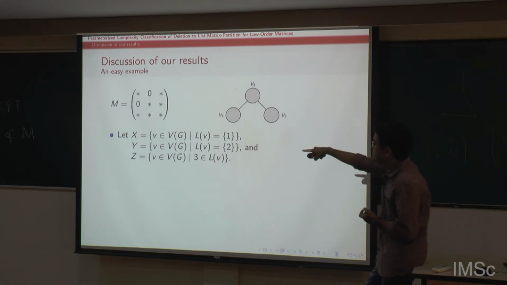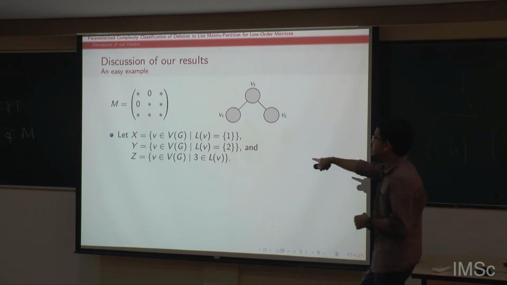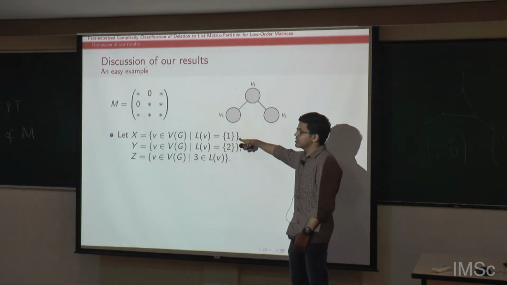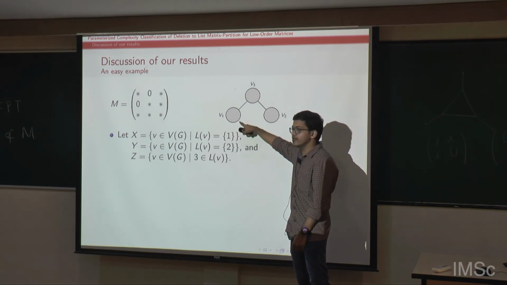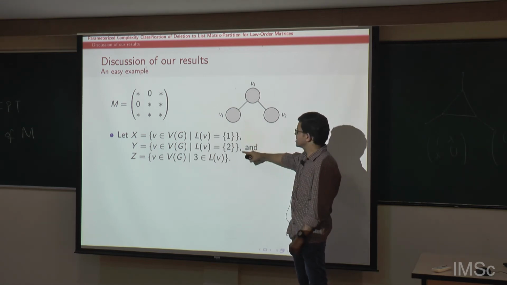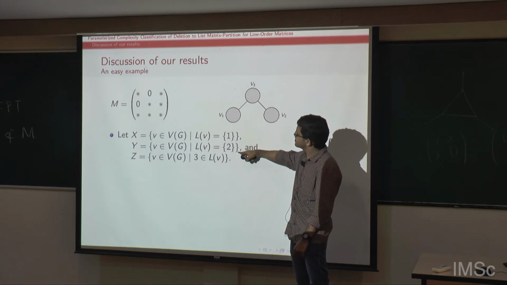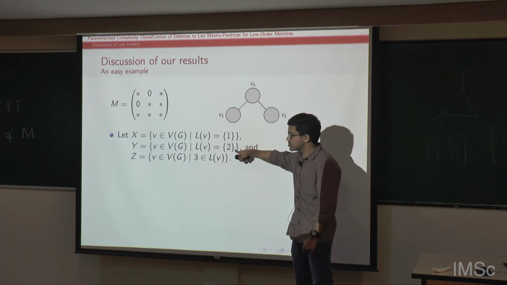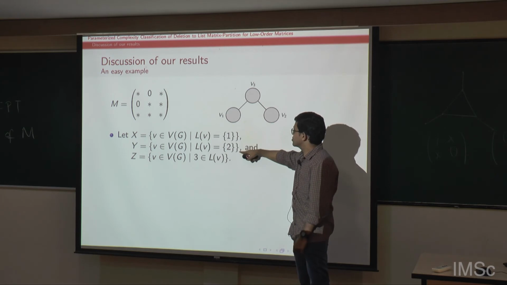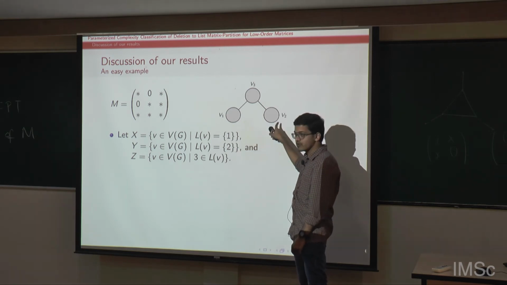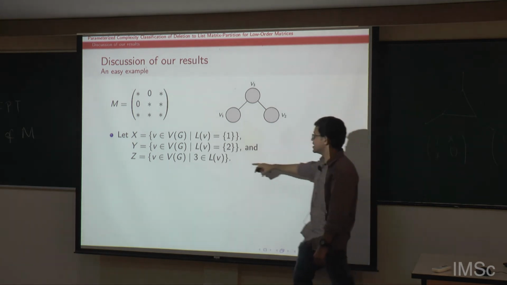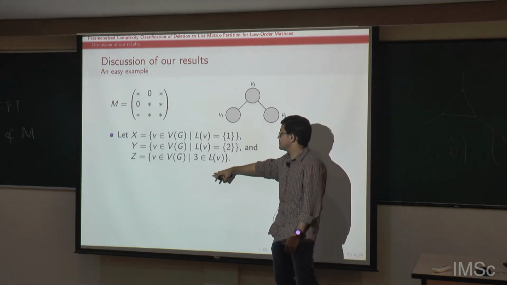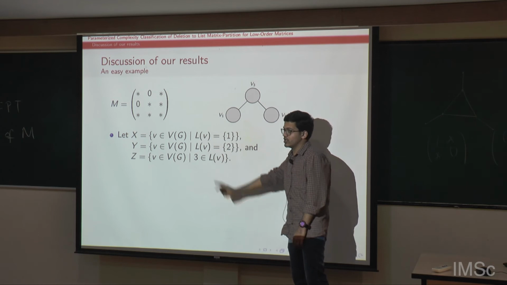X is the set of all vertices that must go to V1, so L of v equals 1. Therefore, the vertex should go to V1 or it should be deleted. Similarly, Y has only 2 on its list, so every vertex in Y should either go to V2 or be deleted. And Z, we look at all vertices that contain 3 on its list.